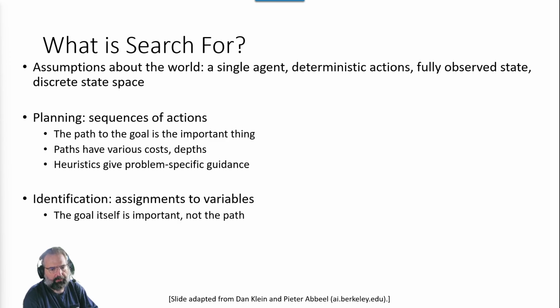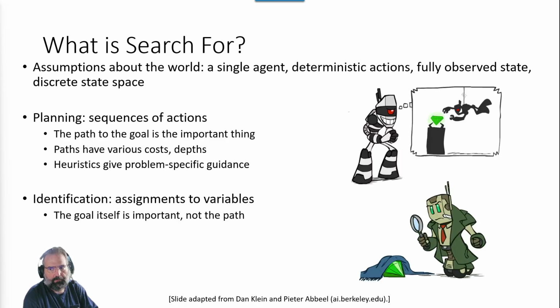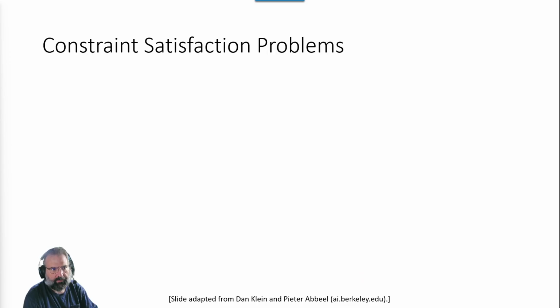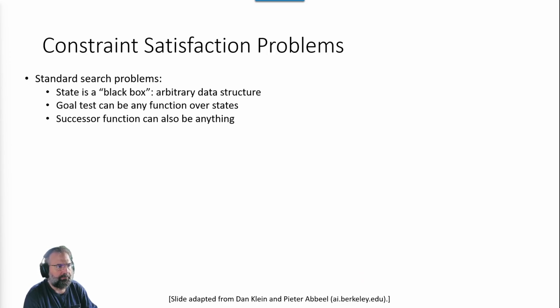The idea here is that the assignment to variables is what's important, not necessarily the path to get there. For some formulations, you may have all paths at the same depth, otherwise you may not. It's basically a form of an identification problem, used for identifying things, in particular coloring graphs such that no two things that are touching have the same color.